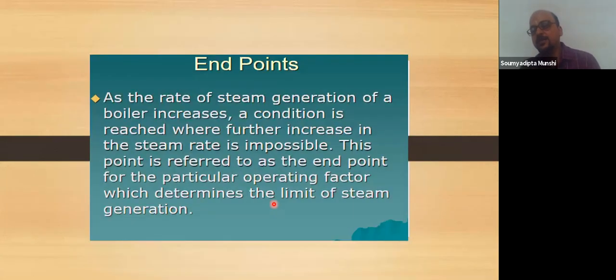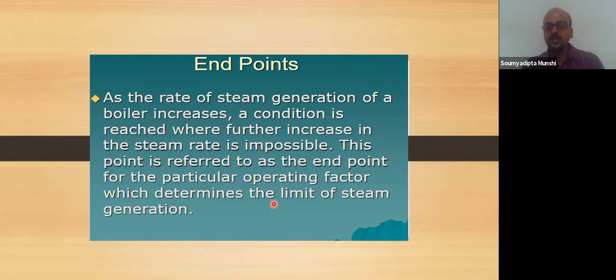So now the end points. As the rate of steam generation of a boiler increases, there is a condition when a further increase in the steam rate is impossible. That is called the end point of the boiler.